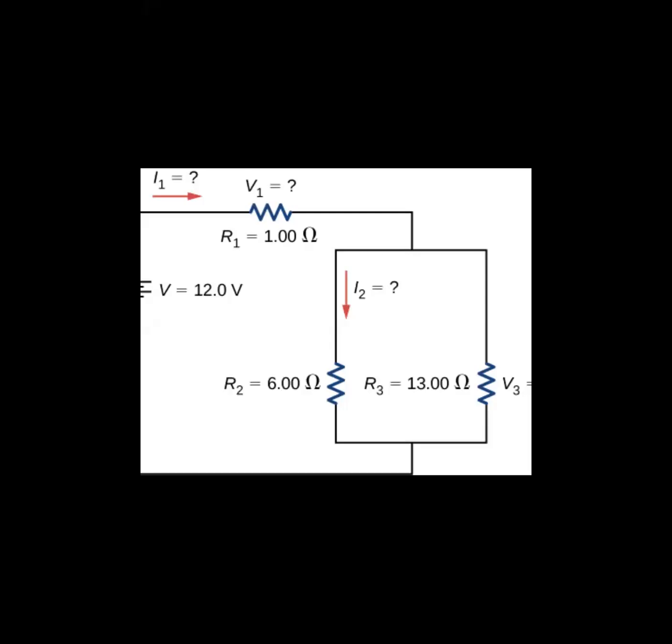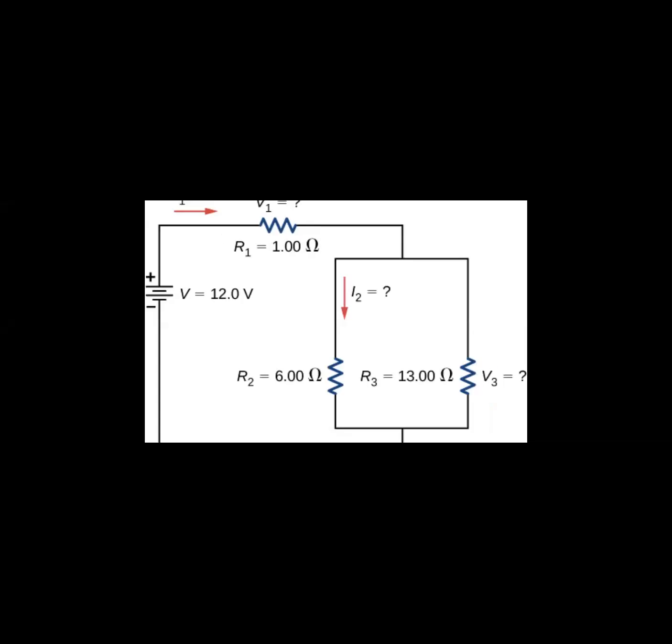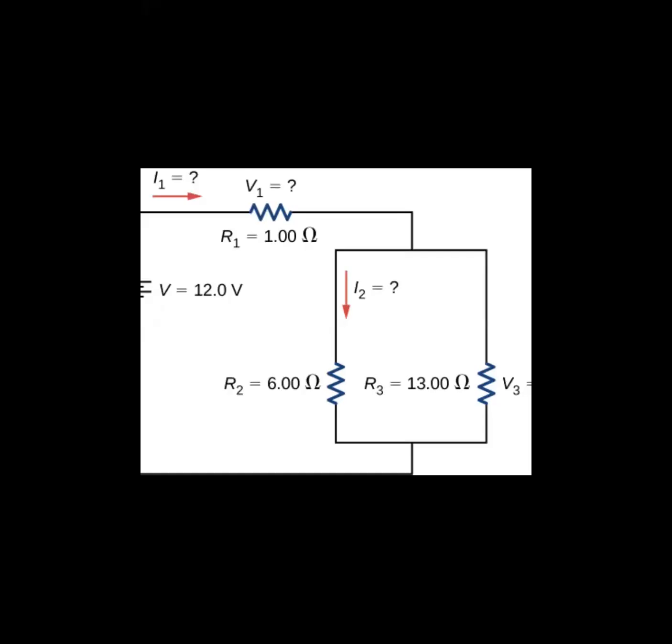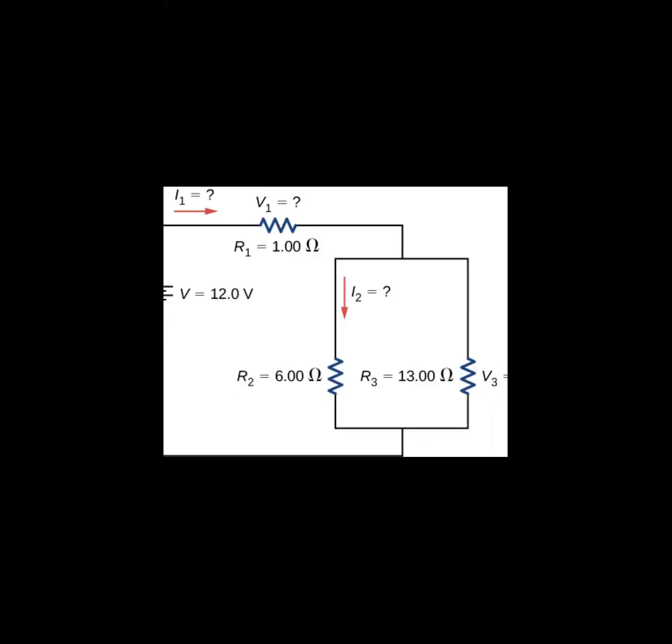We got the equivalent resistance for R2 and R3. It means R2 and R3 are arranged in parallel, and in series to R1. So what's going to be the equivalent resistance between R1, which is 1.0 ohms, and RA, which is 4.1 ohms?